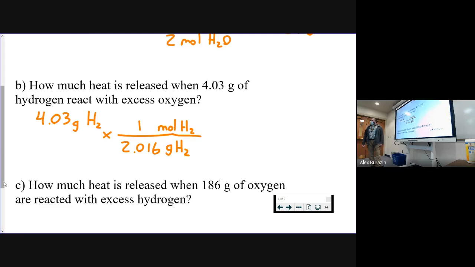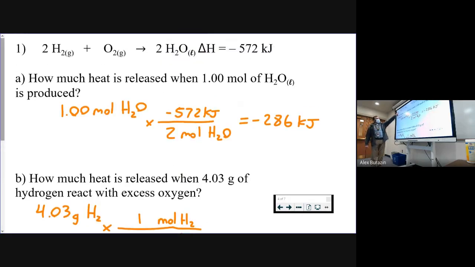Okay. Now we're at moles, and now we can use our ratio. For every 2 moles of hydrogen that are burned, we get negative 572 kilojoules of energy.